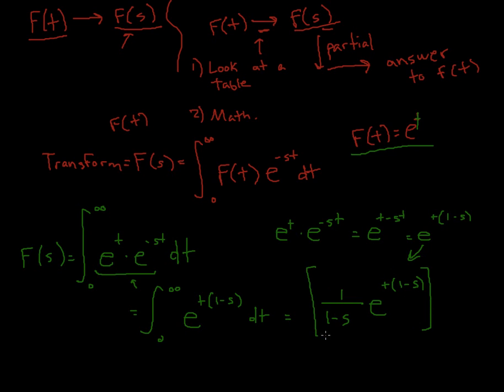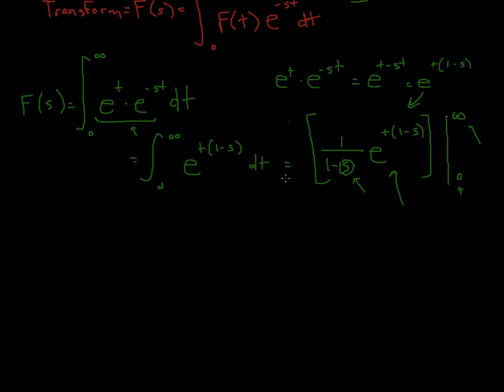Then, because it's a definite integral, we can't forget the limits from 0 to infinity. You can see two things. Here's where the fraction is starting, because remember, the transform is going to be a fraction. And because the limits are 0 and infinity, it's essentially killing the e. When we plug in infinity, it'll kill this, which will kill everything. When we plug in 0, it will kill the e. So let us apply the limits.